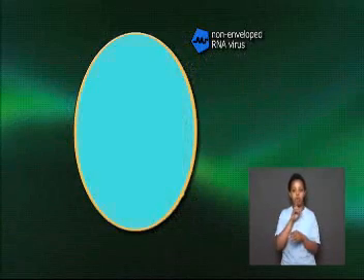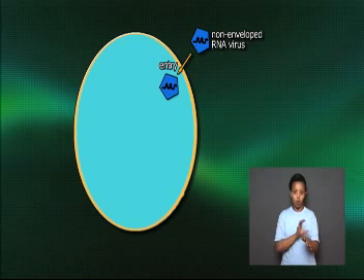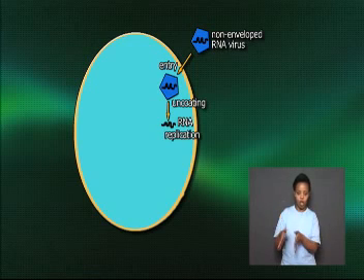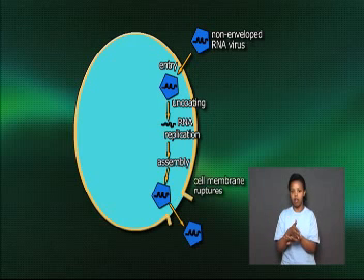Next, we will look at how non-enveloped viruses infect a cell. The RNA virus enters the cell, removes its coat, and replicates within the cell. Then, it reassembles and breaks through the cell membrane.